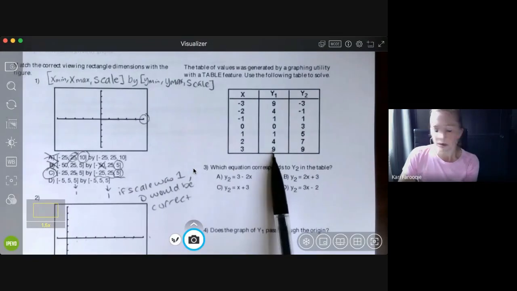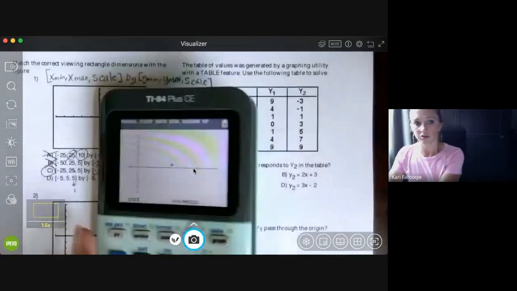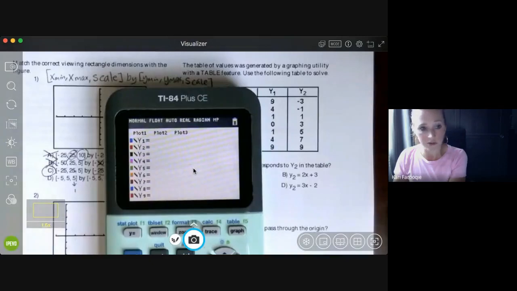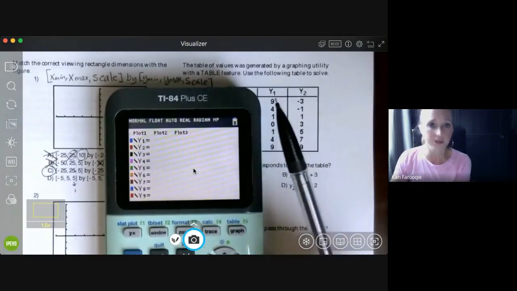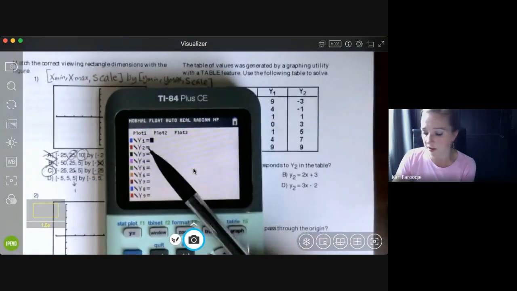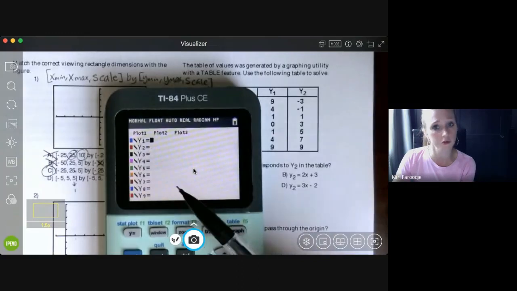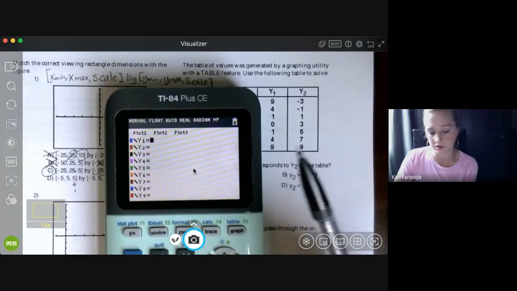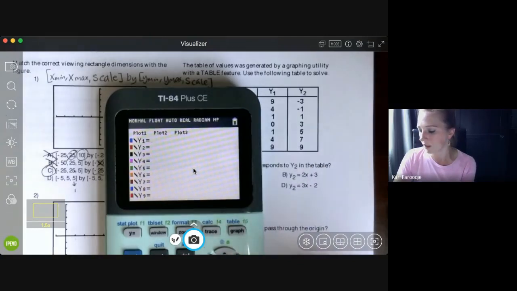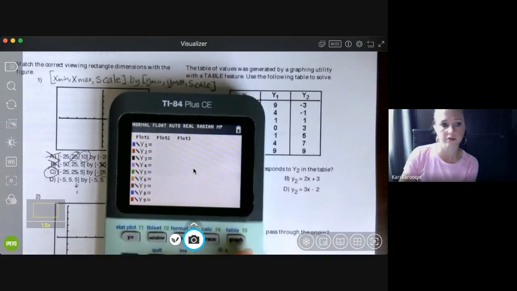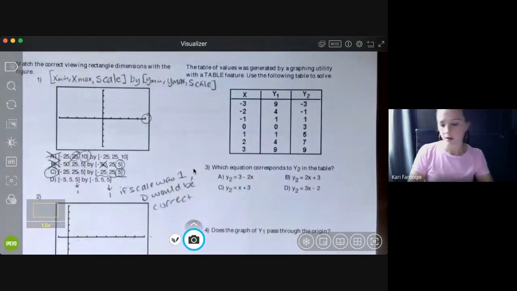Anytime you're graphing in your calculator, normally you're just graphing one function, and that would just be entered as y1. But if you're graphing another function, then you'll get values in your table for y2.